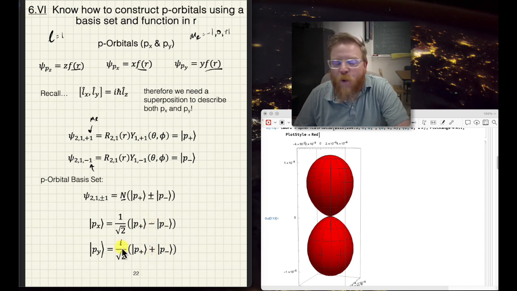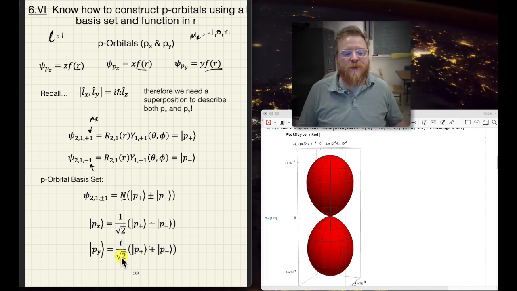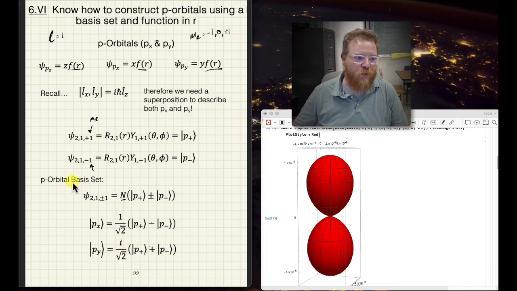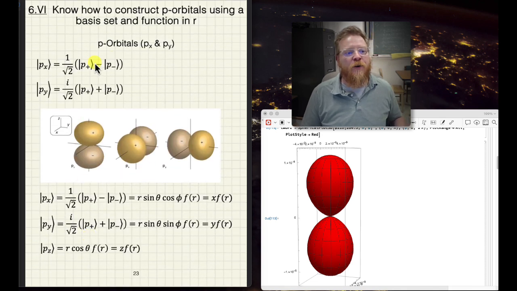And we shouldn't be worried about this i, because when we square it, it becomes -1. But as we'll see, that i is important the way it gets distributed through. So now, building this up, we have our two basis sets.